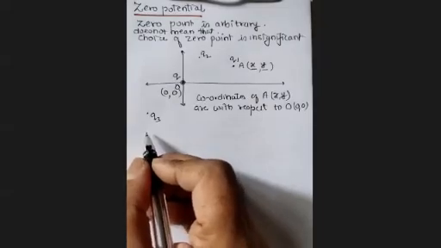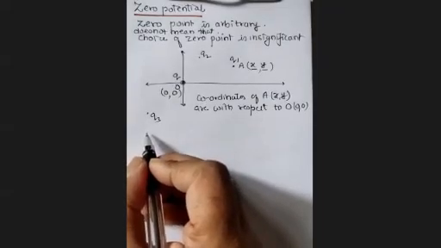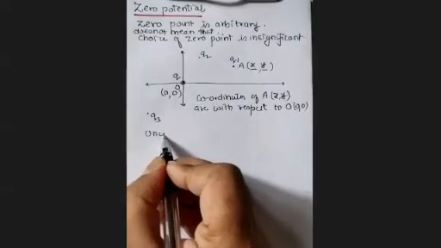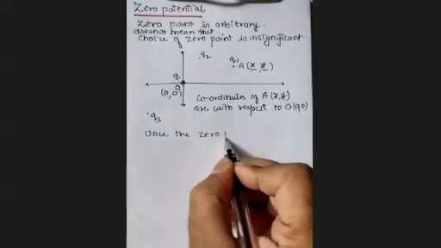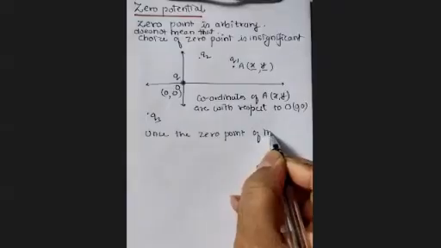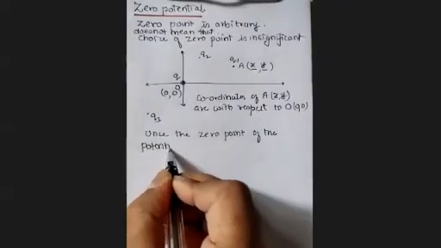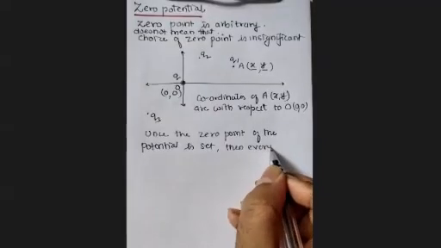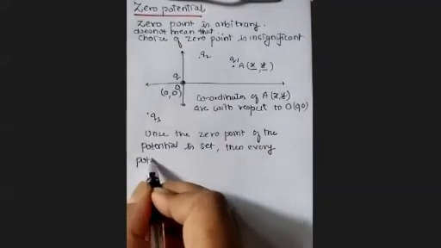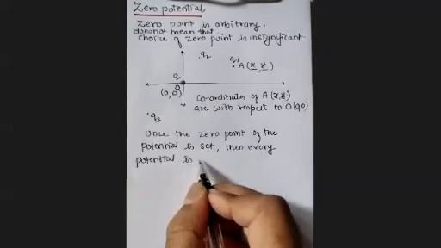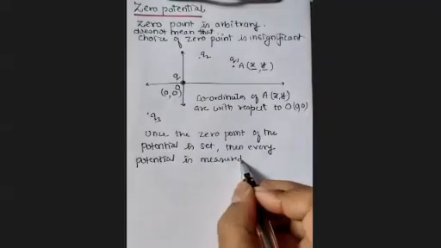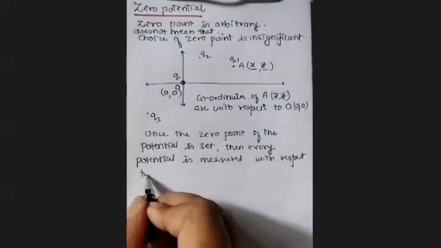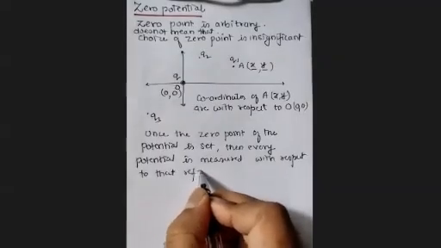So what can we say? We can say that once the zero point of the potential is set, then every potential is measured with respect to that reference.